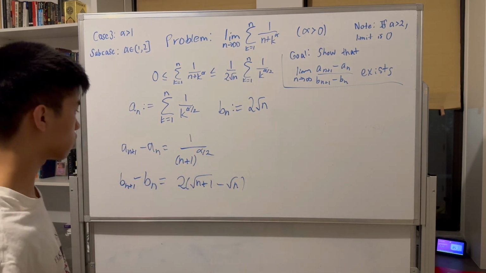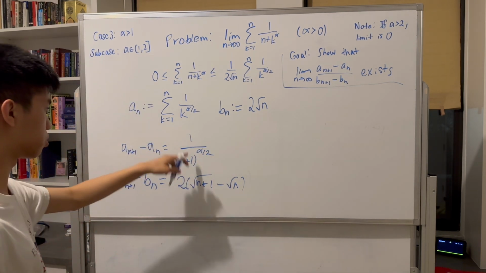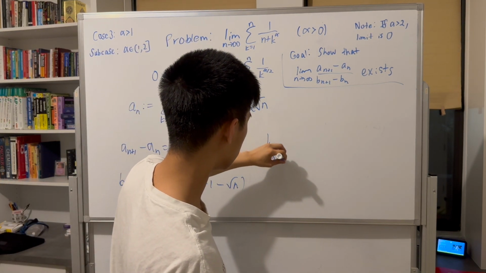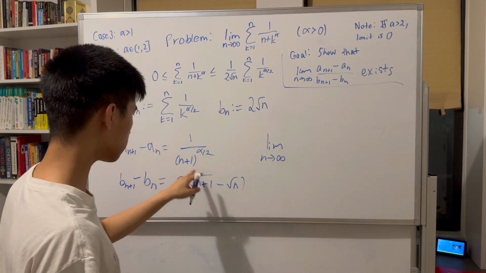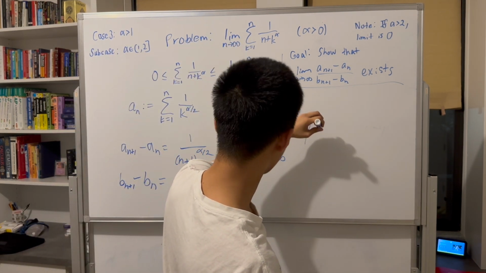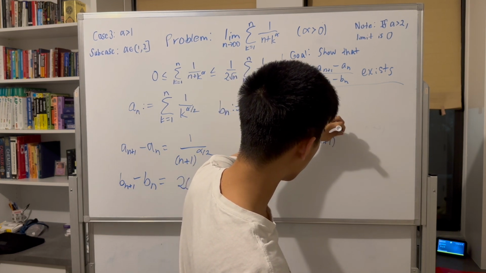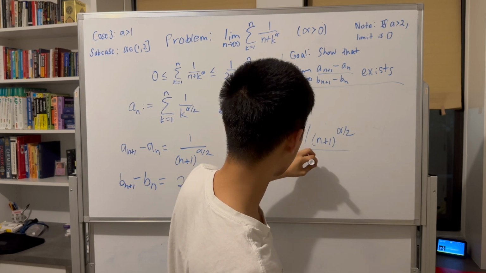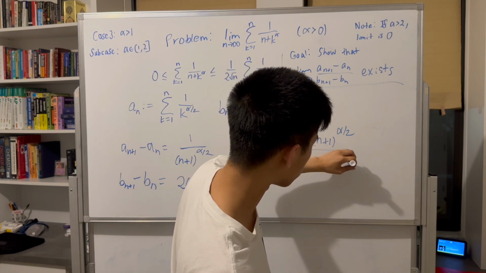Okay, so now we take the ratio between these two and set the limit as it goes to infinity. So we have 1 over n plus 1 to the alpha over 2, divided by 2 times root n plus 1 minus root n.